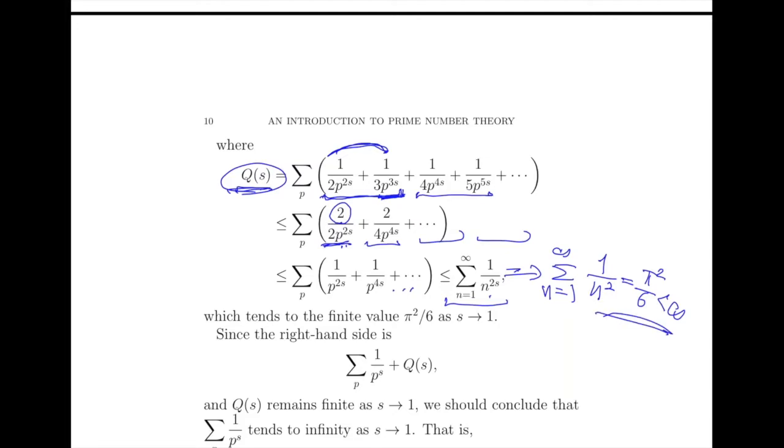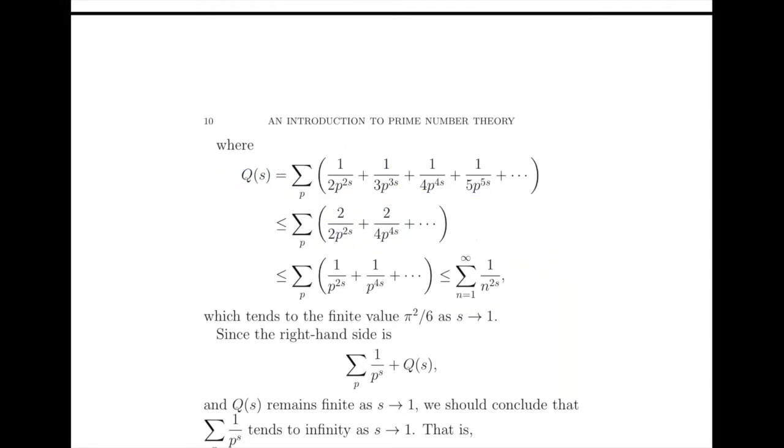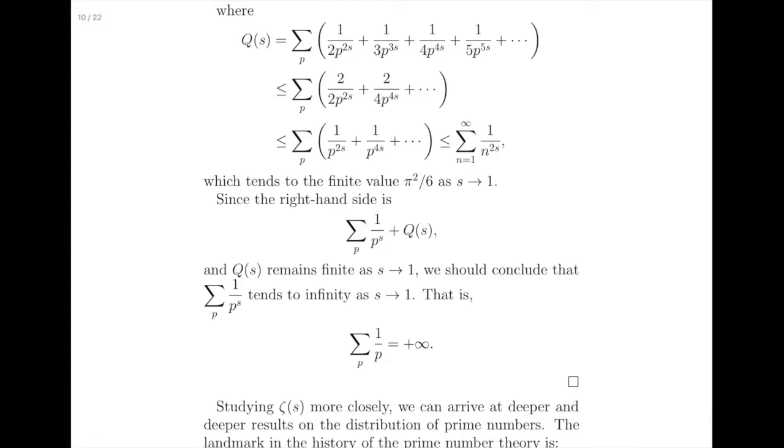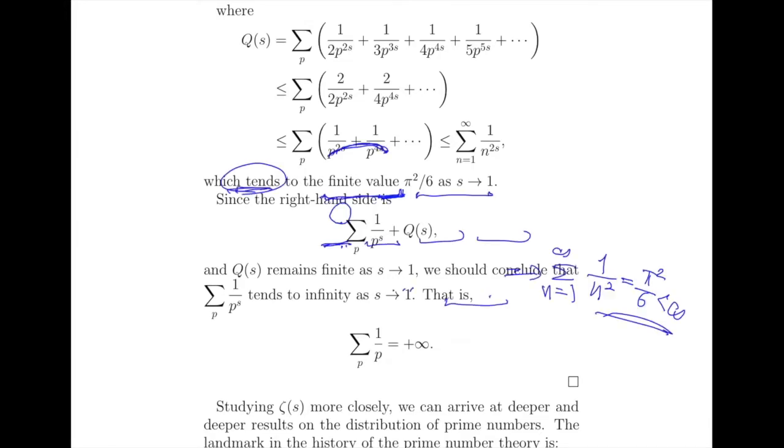Okay. So what happens? We are talking about this one. The right-hand side is this summation of 1 over p plus Qs, but now we know Qs remains finite when s tends to 1.